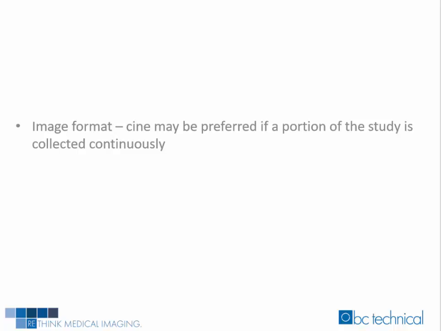Although continuous data collection for a portion of the study is not a part of the standardized protocol, many institutions may continue to use it for a portion of this exam. Static images should also be used to evaluate esophageal reflux.